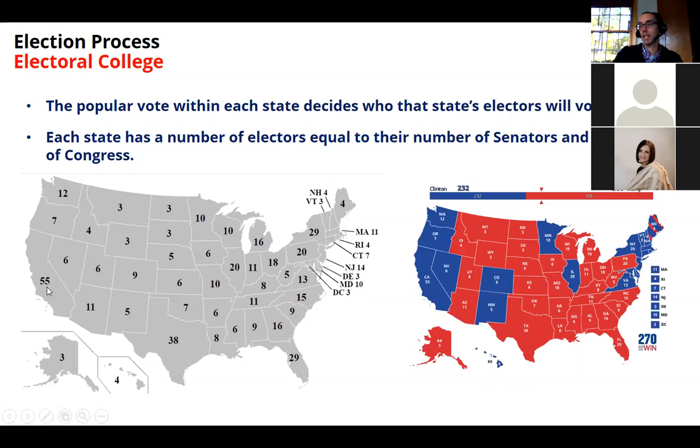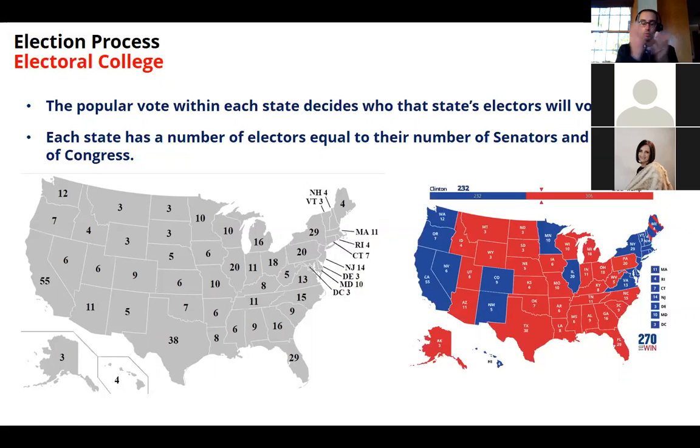California has 55, Texas has 38, New York has 29, right? There's a lot of people in those places. Florida also has 29. So there's 4 that have more than us. And then Illinois and Pennsylvania have 20. So if you are Donald Trump or Joe Biden, you really want to win Pennsylvania. There's a lot of electoral college votes.